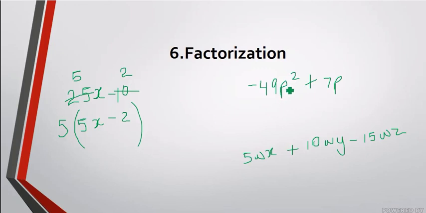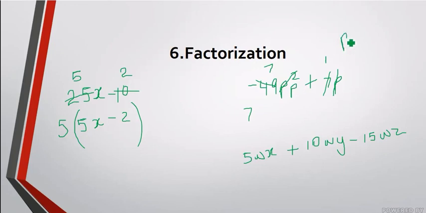Let's look at another example. I have minus 49p squared plus 7p. What can I see here? 7 can go into 49. So 7 into 7 is 1, 7 into 49 is 7. What number did I factorize? 7. So the 7 comes outside. Is there any other common term here for me to factorize? Yes, I can see that there are more common terms. p. I could factorize this p, and I could take 1 from this p.